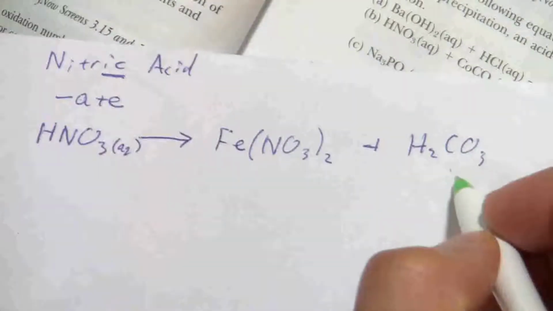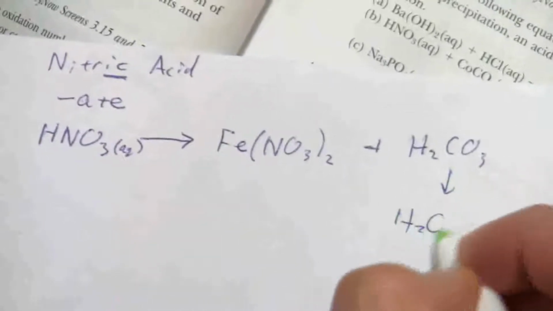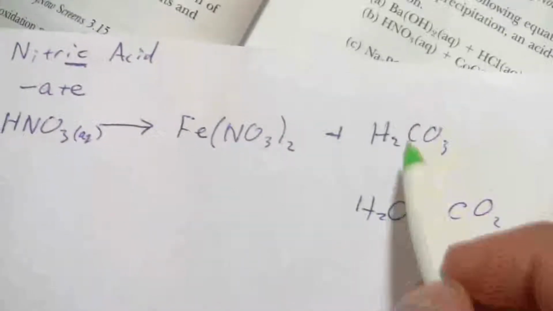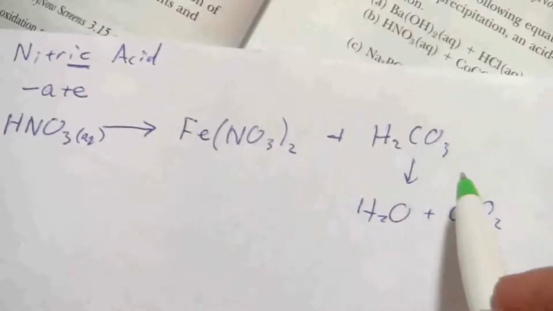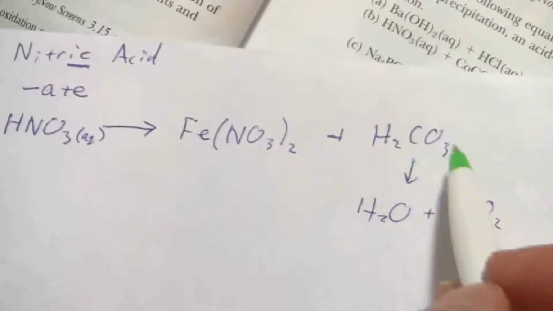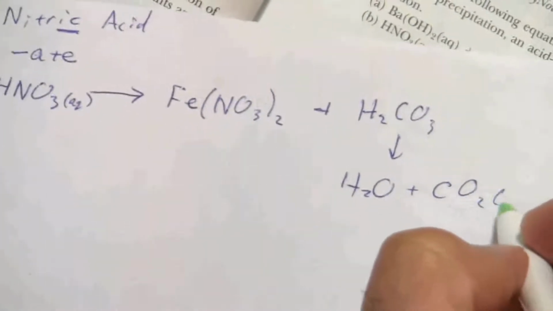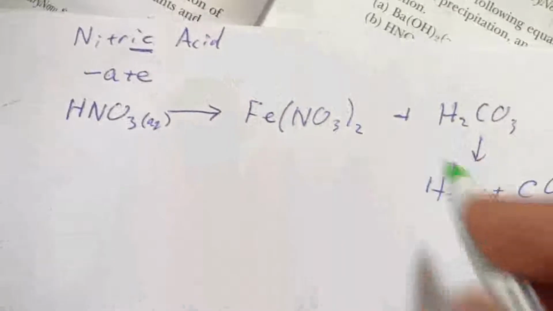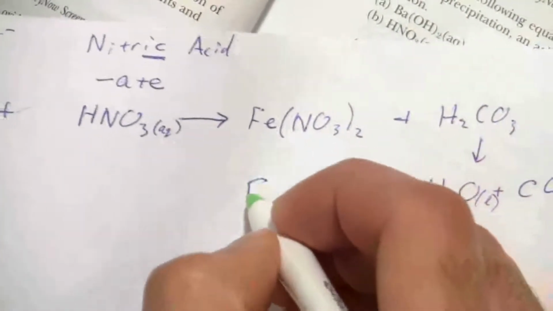It breaks down into water and carbon dioxide. You can see the elements there. If you take carbon dioxide, CO2, out of that, you have H2 and 1 more O for water and carbon dioxide. So this is a gas, this is a liquid, and then my iron nitrate, nitrates are soluble, so this will just be aqueous.